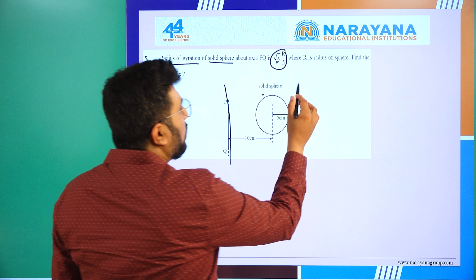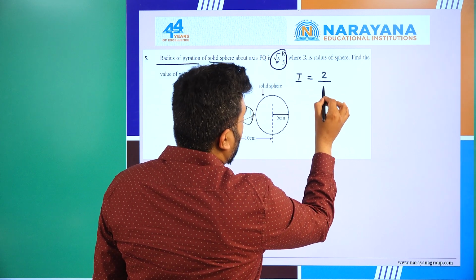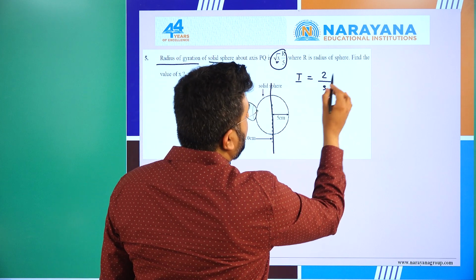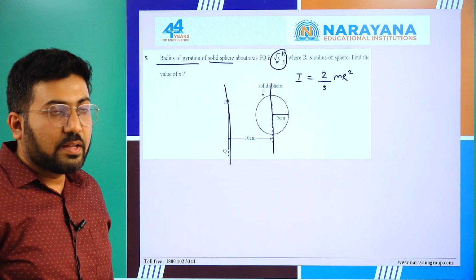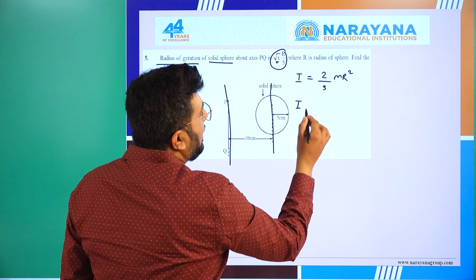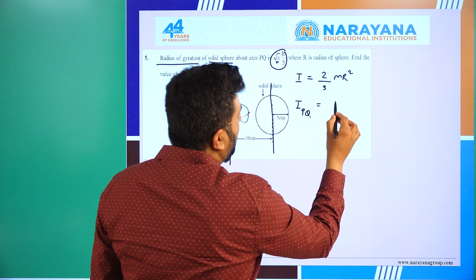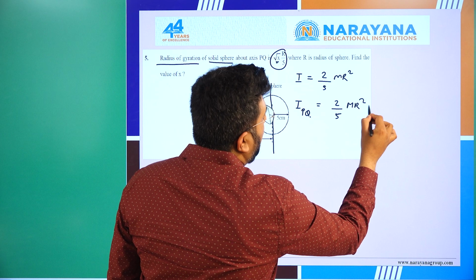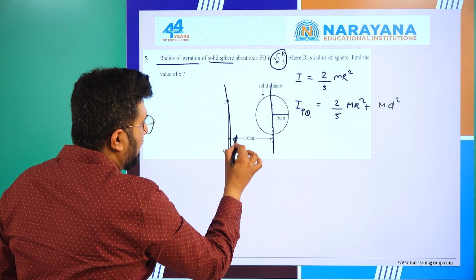So I know the moment of inertia of a solid sphere about an axis passing through the center. This one is 2 by 5 mr square. And by parallel axis theorem, I can say I about PQ will be equal to 2 by 5 mr square plus md square, where this is d.